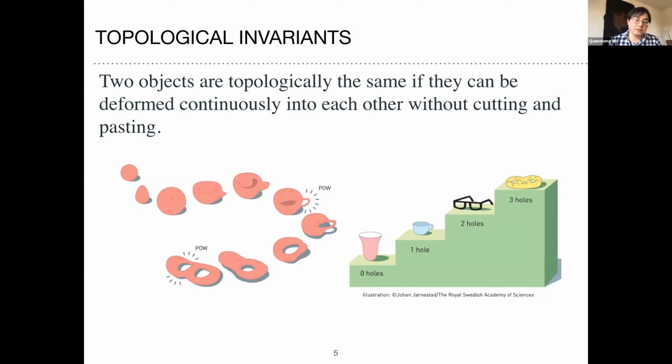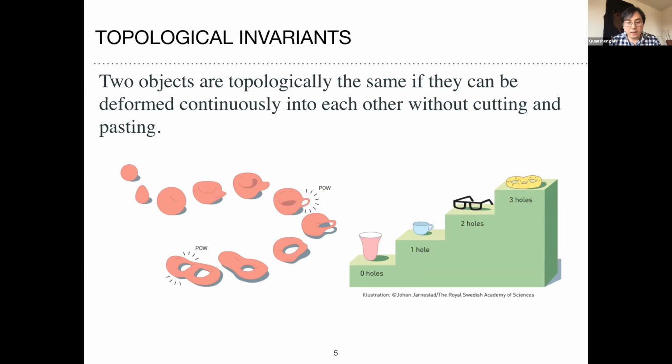For example, let's start from a ball, and if you squeeze it a little bit, it becomes an egg shape, and then you make it like a pot. Those objects are topologically the same because you didn't cut or paste anything.